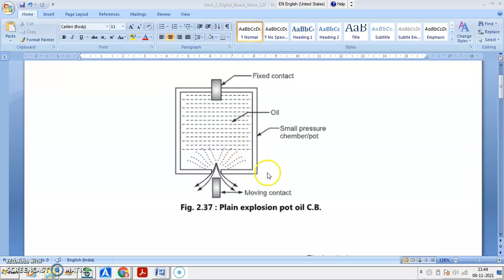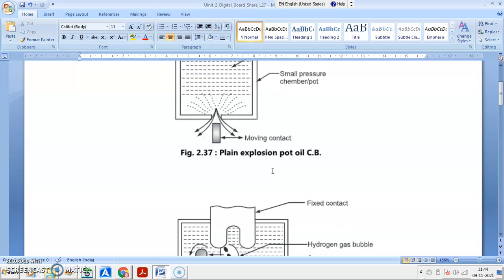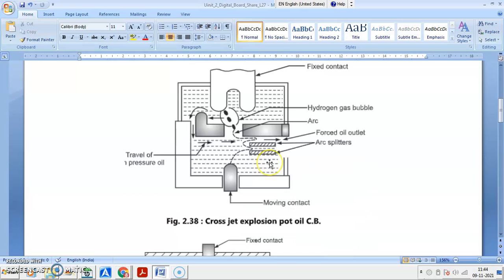Another design in arc extinction is the cross jet explosion pot, which is shown here in this diagram. Here you have the design of the chamber. This is the fixed contact, this is the moving contact, this is the oil, and this is the hydrogen gas bubble developed because of the arc.